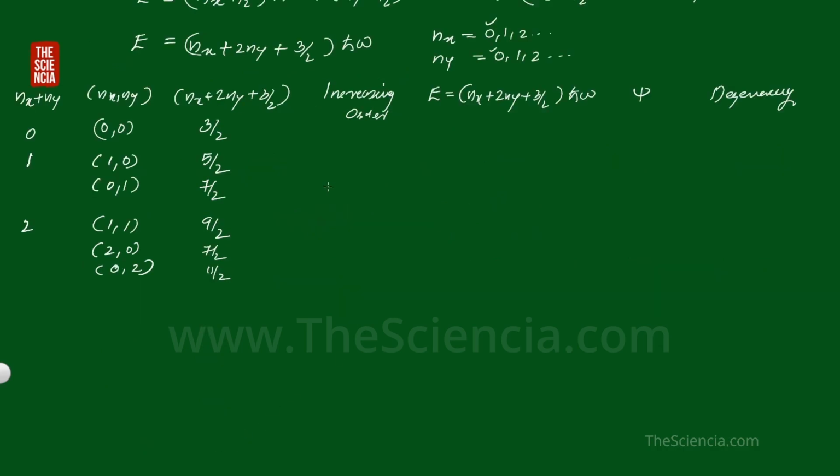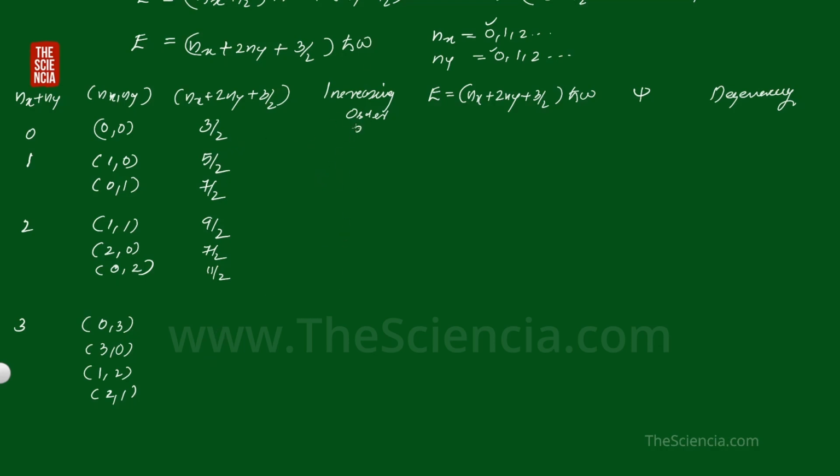Similarly you have to find out for 3, that is the different combinations are 0, 3, 3, 0, and 1, 2, 2, 1. And find out the corresponding nx plus 2 ny plus 3 by 2 value. And then rearrange in the increasing order.